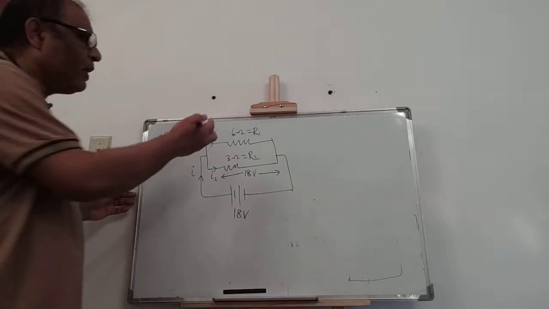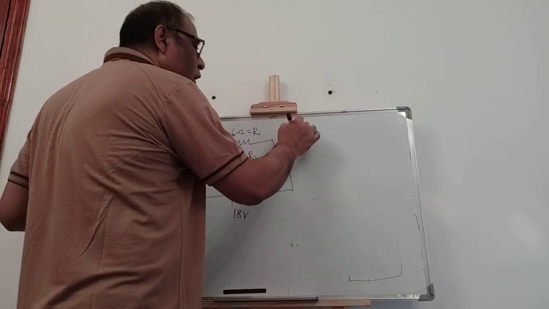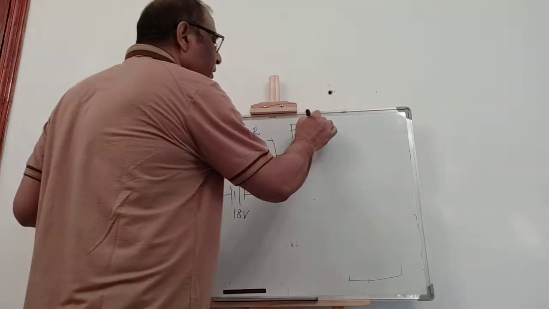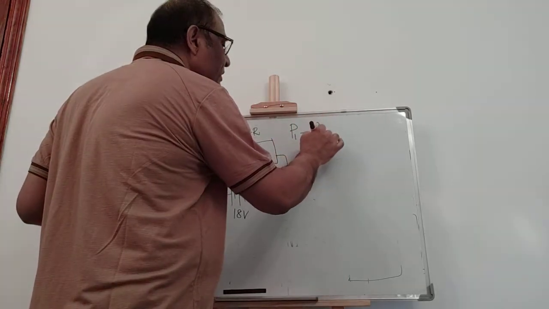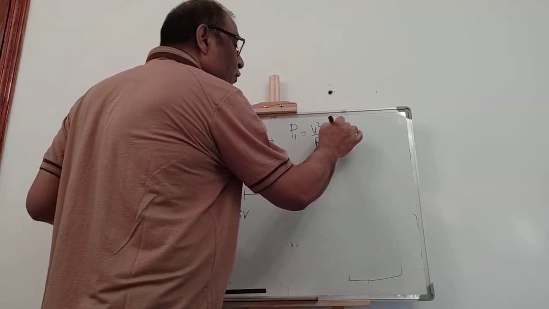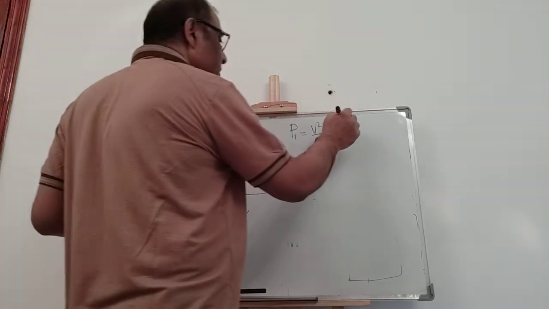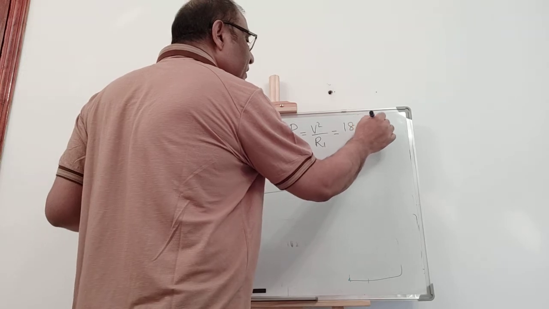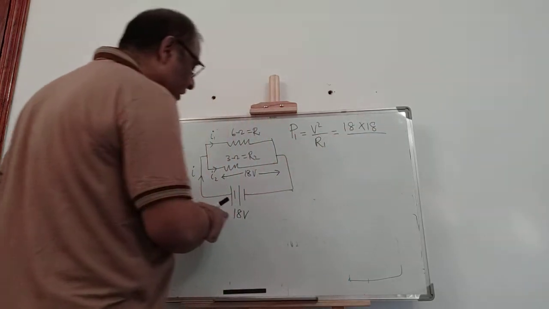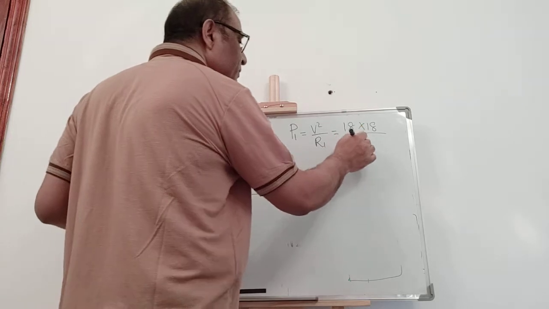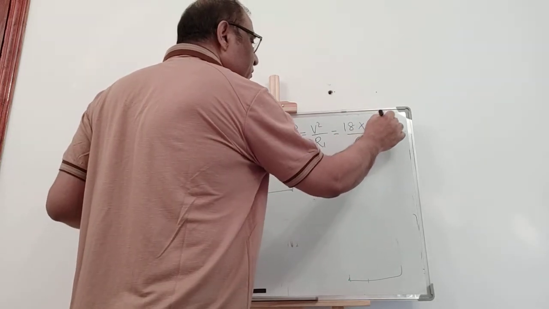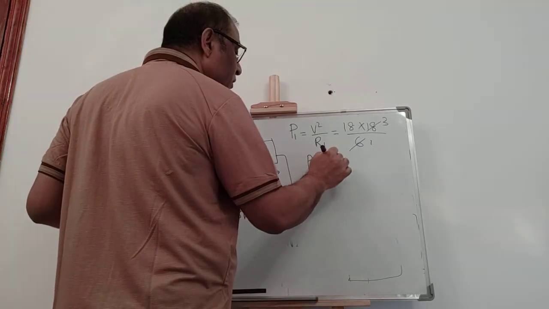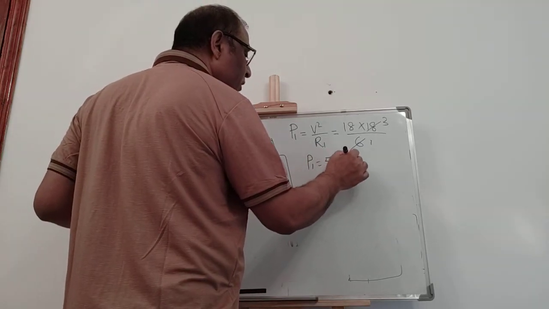Then power P1 of R1 equal to V square by R. We know that V square is the same but R1 is different. V square is 18 square, and here the resistance is 6 ohm. P1 equal to 54 watt.